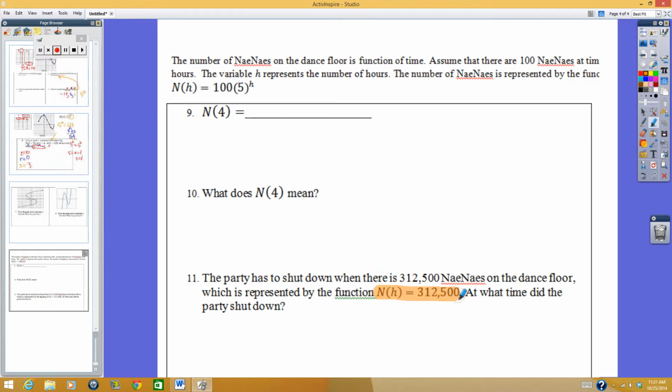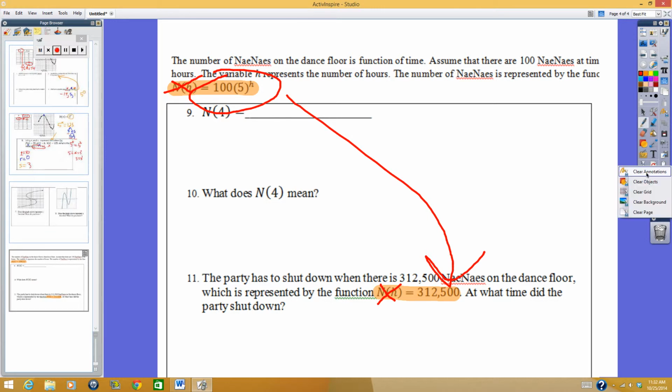If n of h equals this, 312,500, but up here they also told us in the equation n of h equals this, literally you could take these n of h's out and just set that equal to this. So I'm going to do that right now.